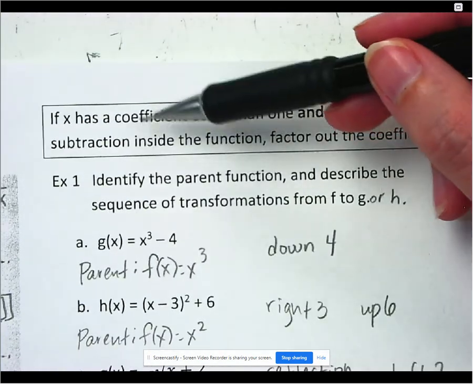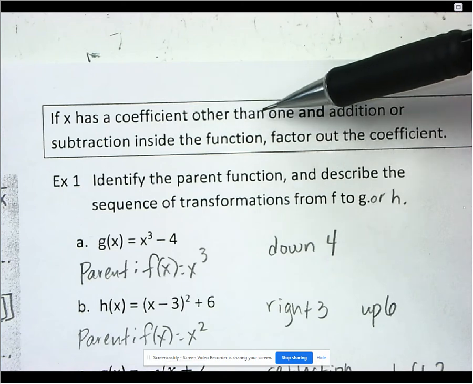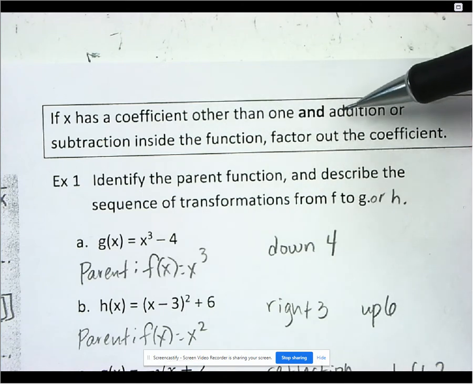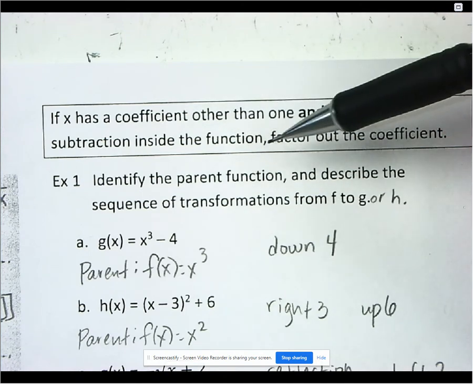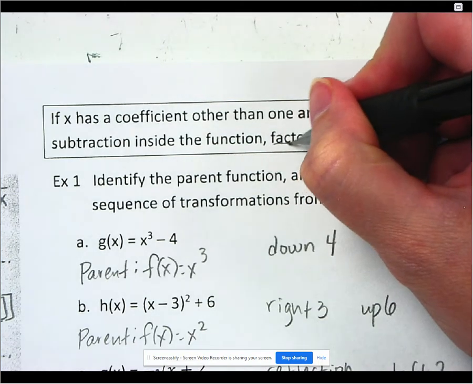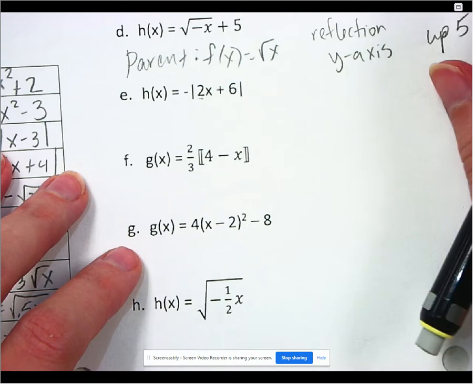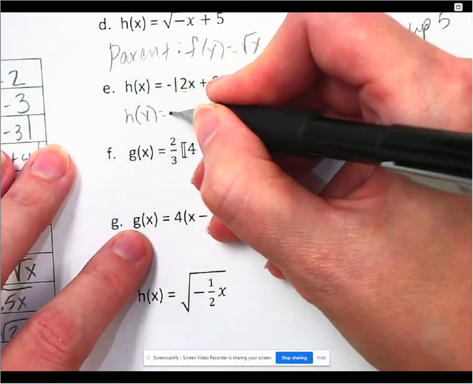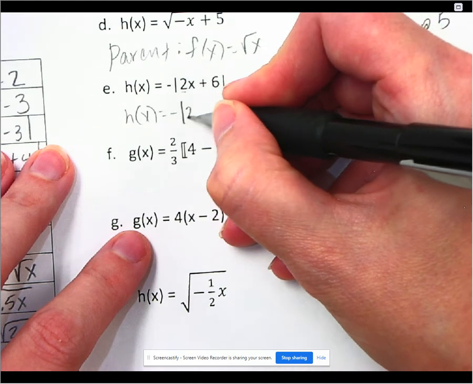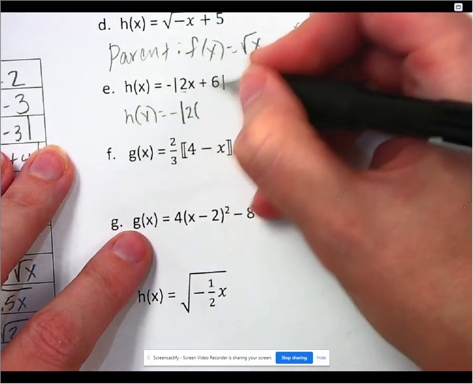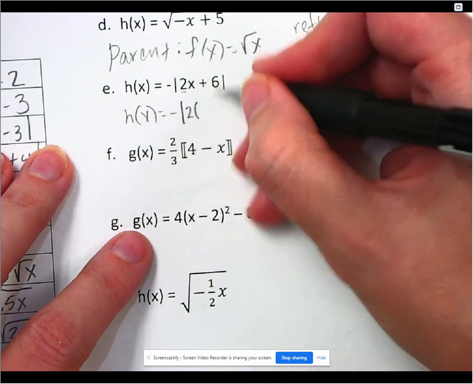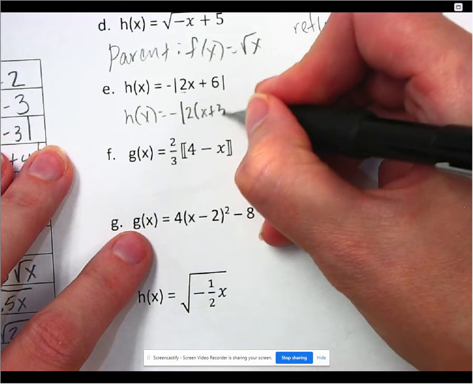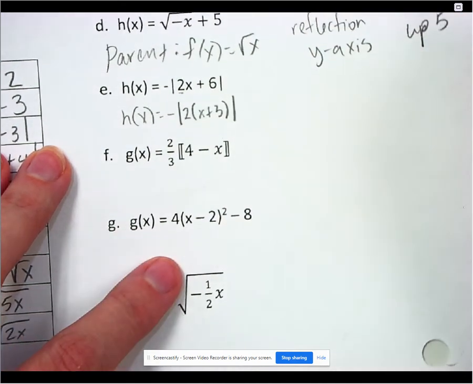If x has a coefficient other than 1 and addition or subtraction inside the function, what we're going to do is factor out that coefficient. Now, you don't factor it out outside of the absolute value, just out of 2x and 6. You need to do that first.